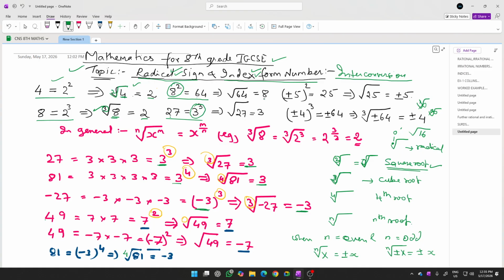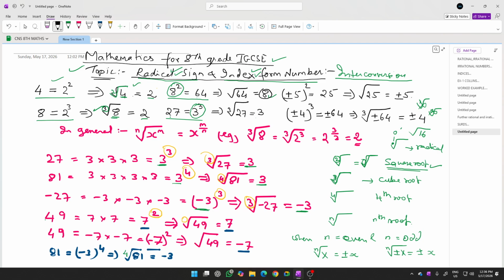Now, 8 is equal to root of 64, and 3 is equal to root of 27. Or read the other way, root of 64 is equal to 8. Now this is not root of 27, this is cube root of 27, okay? So cube root of 27 is 3. Here I can say that a number 8 is expressed in the form of radical sign as root of 64.